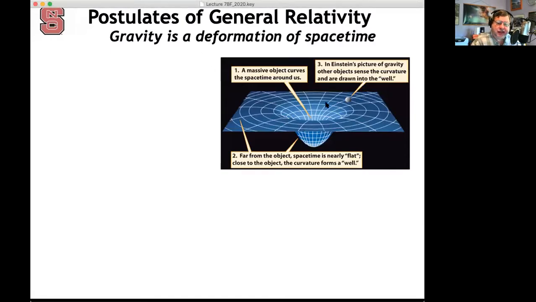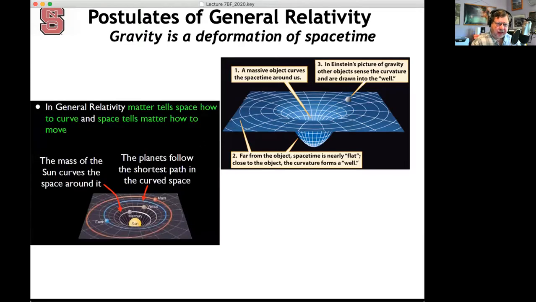And this is a two-dimensional analogy of the three-dimensional universe: a massive object will cause a warp in the fabric of the universe, which we call space-time. And so the closer you are, the more space-time, this fabric of the universe, is warped, the stronger the pull.